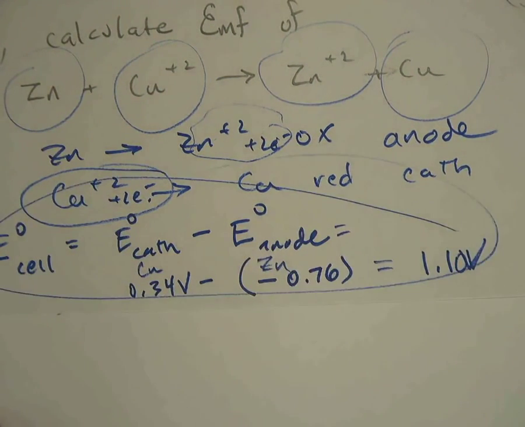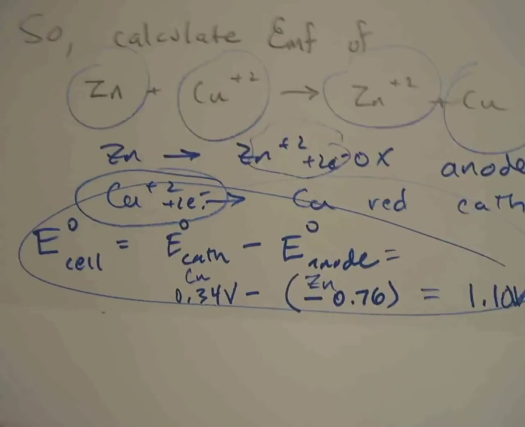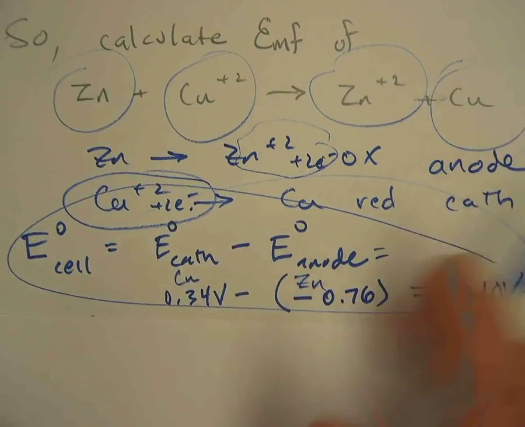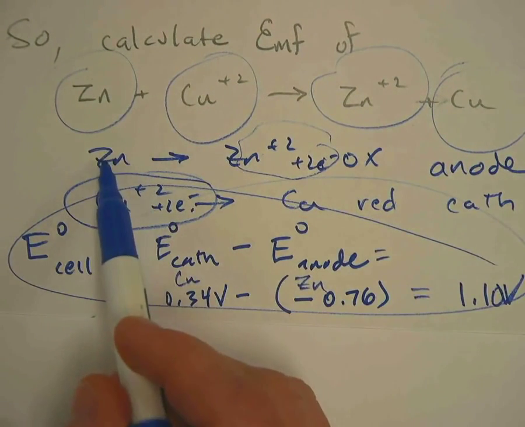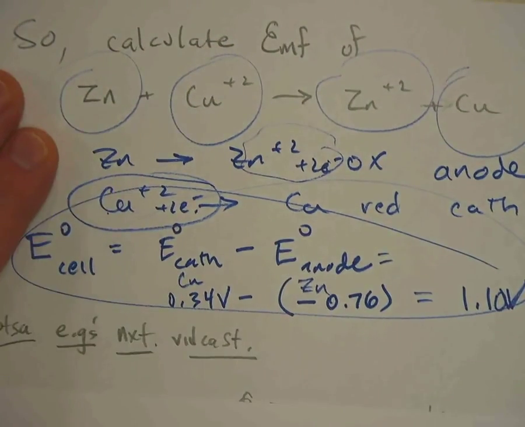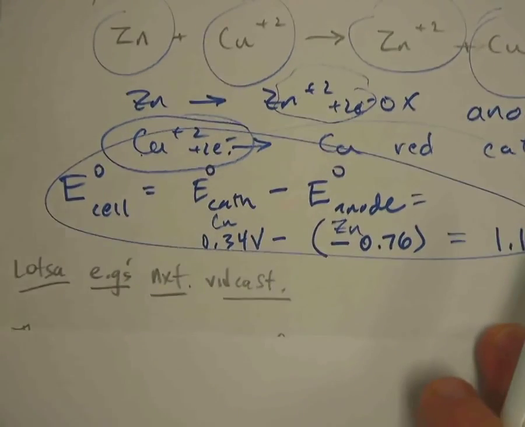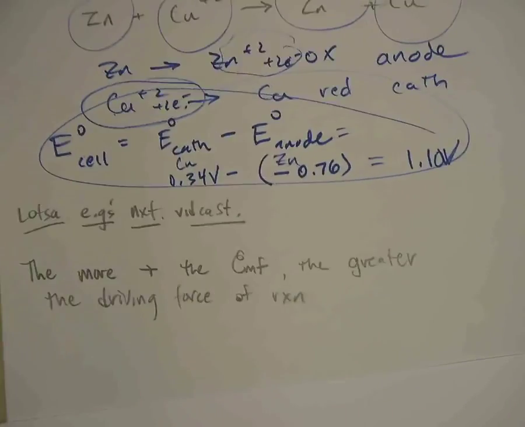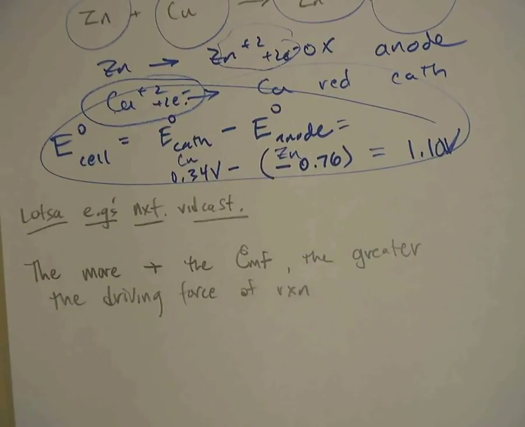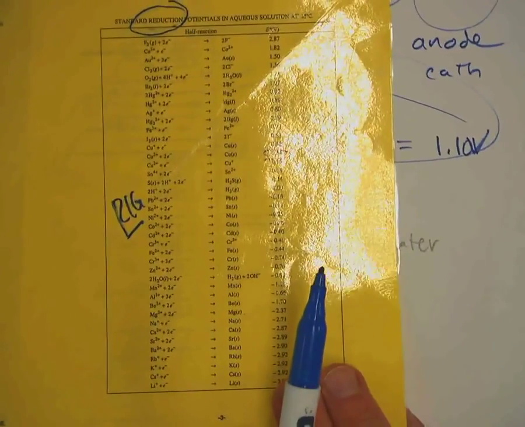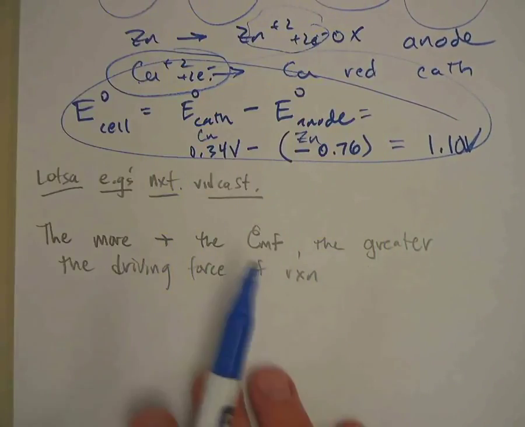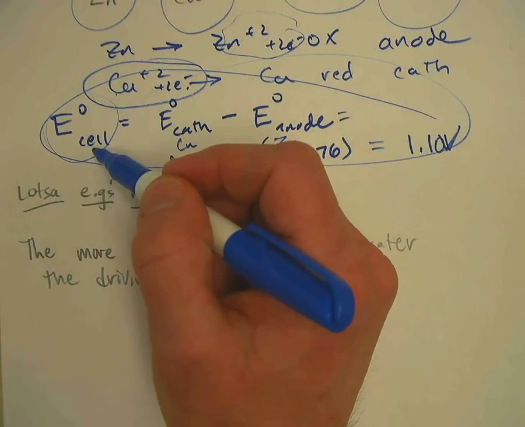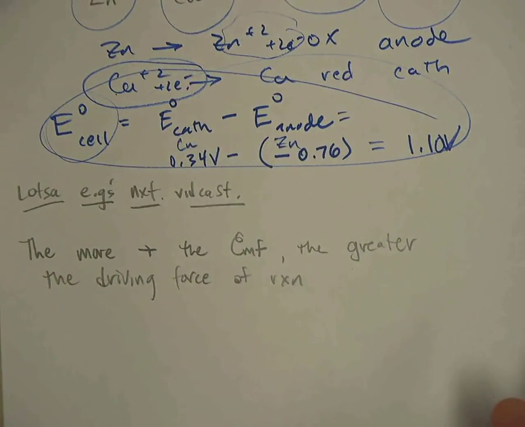That is how to find the standard reduction potential of a particular cell that includes an oxidation and a reduction reaction. Lots more examples of this next video cast, and you'll be expected to be able to do it fairly fast. Find these things on this table right here or in the back of your book, and then be able to find the E cell or the EMF or the voltage or whatever name you happen to give to it.